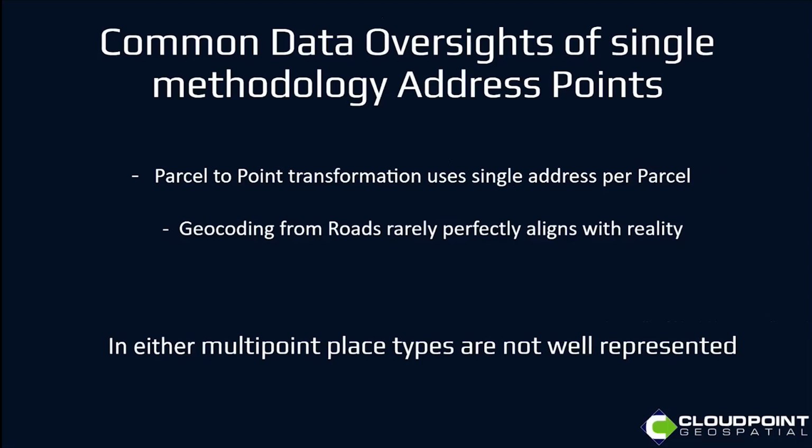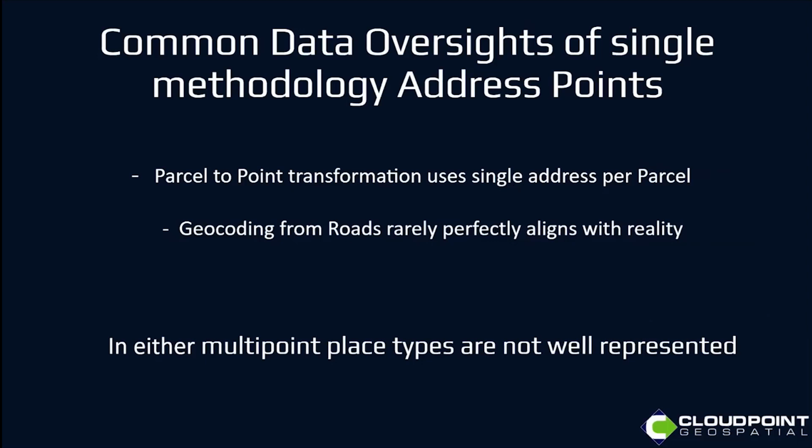So this is a jump back to our methodology of address points. Oftentimes what we see with clients coming to us is that they have address point data, and it's very useful. Any data is useful. But it's usually utilizing a single methodology.